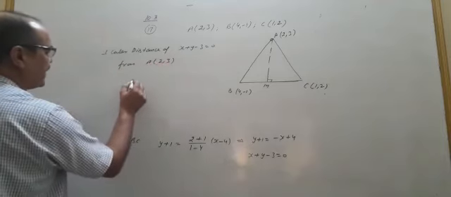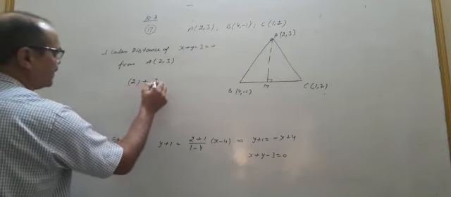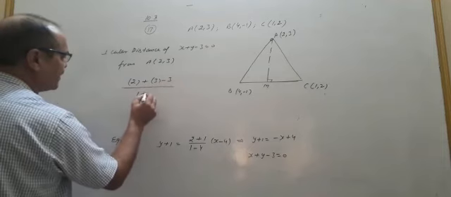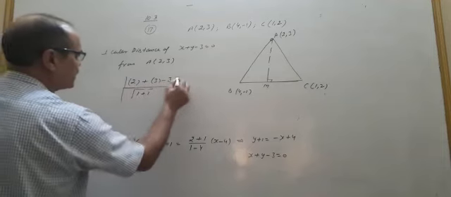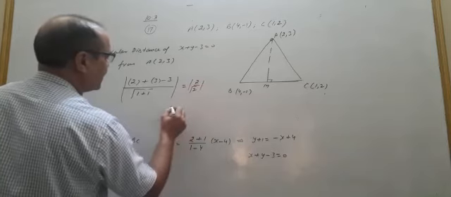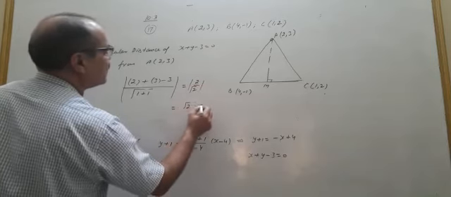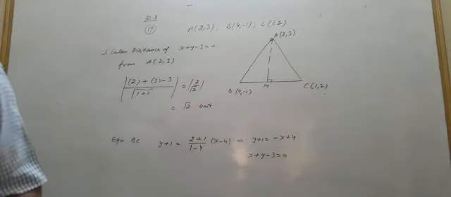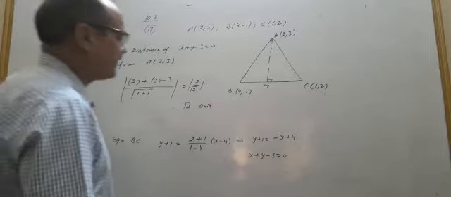The formula is mod of ax1 plus by1 minus c upon under root of a square plus b square, and this whole mod, this will gives you 2 by root 2, or can be written as under root 2 units. So this is the length of altitude from the line BC.